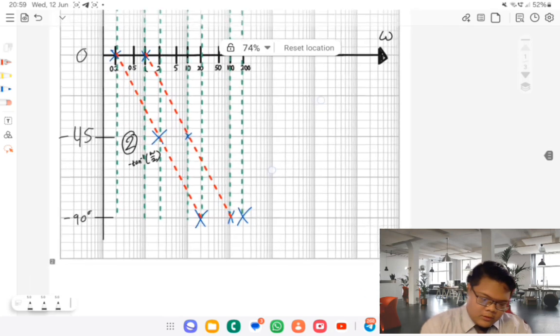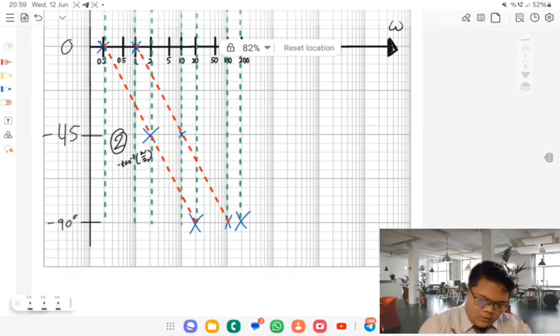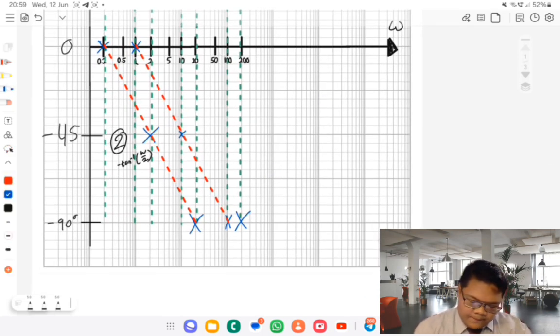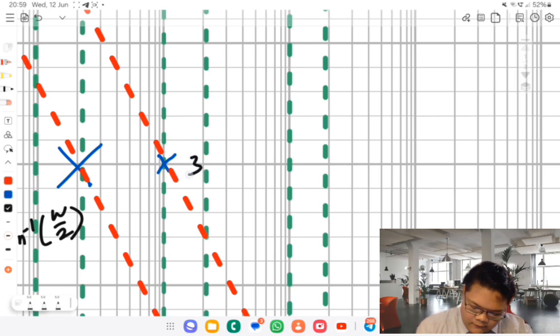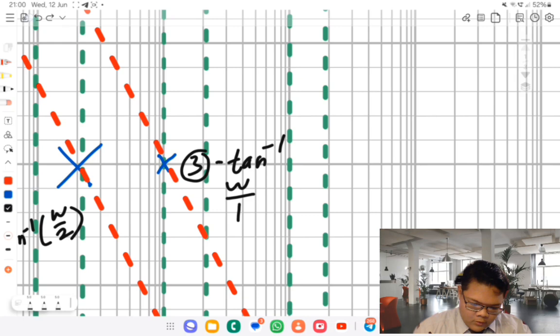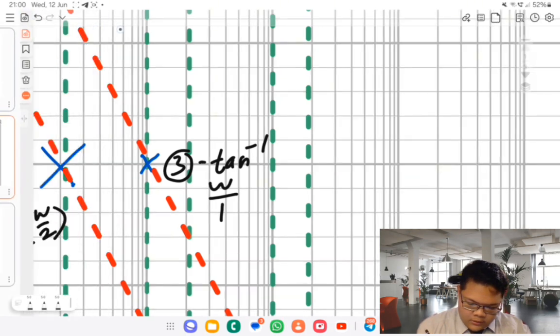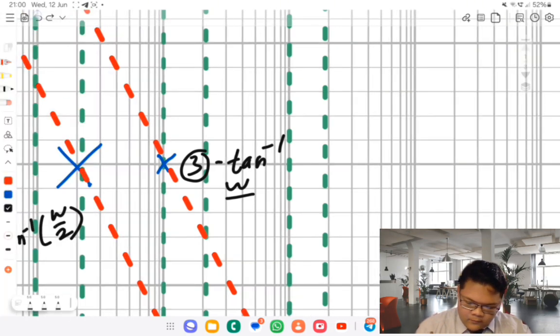Okay, so I will rename it. This is part 3 of our equation, which is negative arctangent omega over 10. Oh, I think I have to write it beside the arctangent, omega over 10.